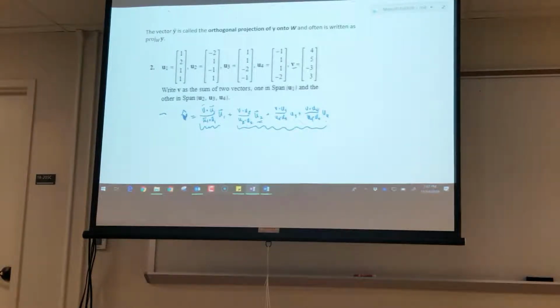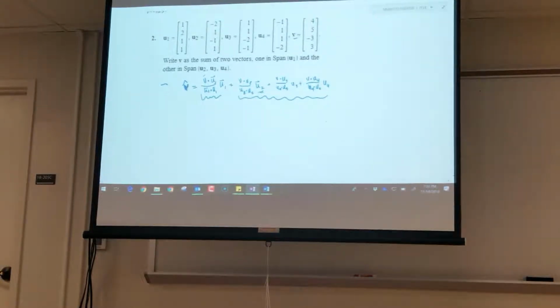Okay, so let's do the dot products. I'm just going to see if I can come up with these constants. So V dotted with U1, so that's a 4 plus 10, that's 14. 14 minus 3 is 11, plus 3 is 14 again.